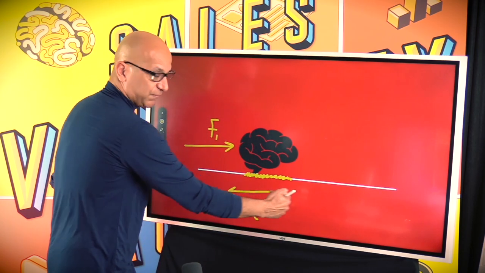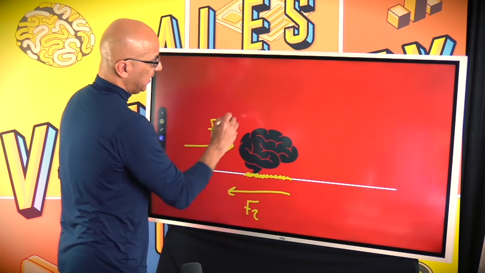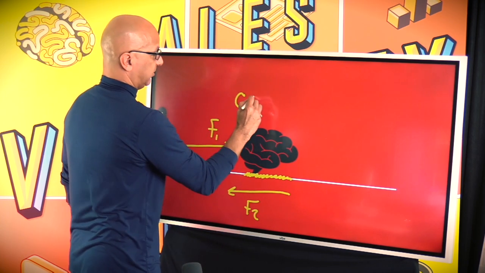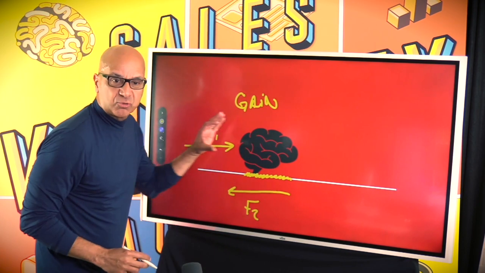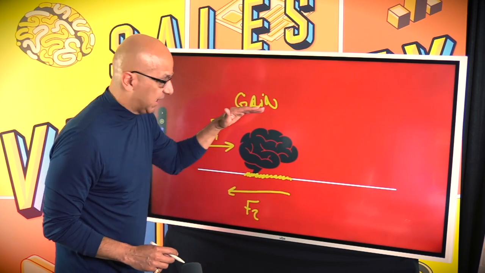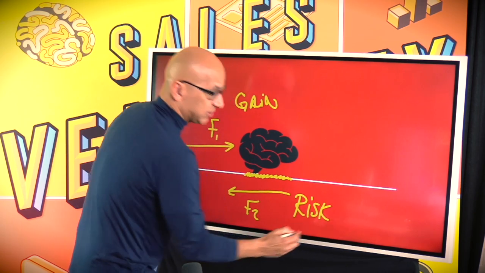But there's also a frictional force that they don't want to make that decision. Up here, we talk about the gain. We try to persuade them there's a gain. This is why you should buy. Feature, benefit, advantage, gain. But there's a frictional force moving the other way that's called risk.